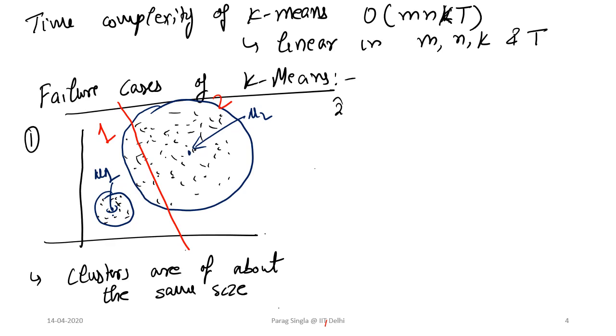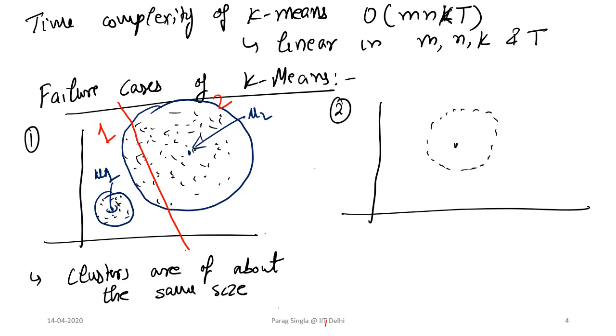The second case where k-means fails is as follows. Let's say this is one set of points, and this is in one cluster, and there is another set of points which is the second cluster, and in some sense your clusters are these concentric circles. So this is cluster 1 and this is cluster 2. And this also is a pathological case for k-means.